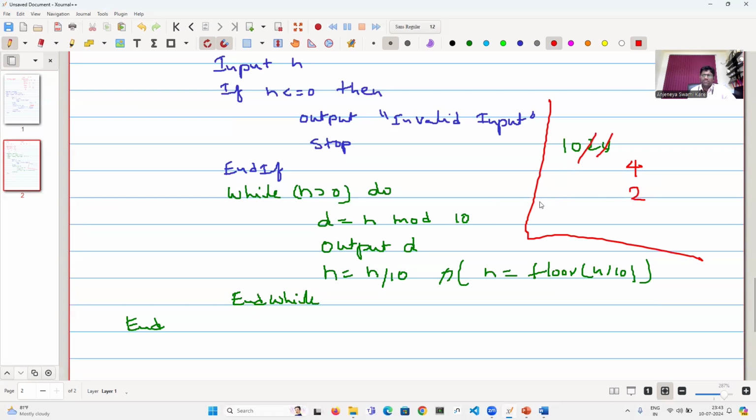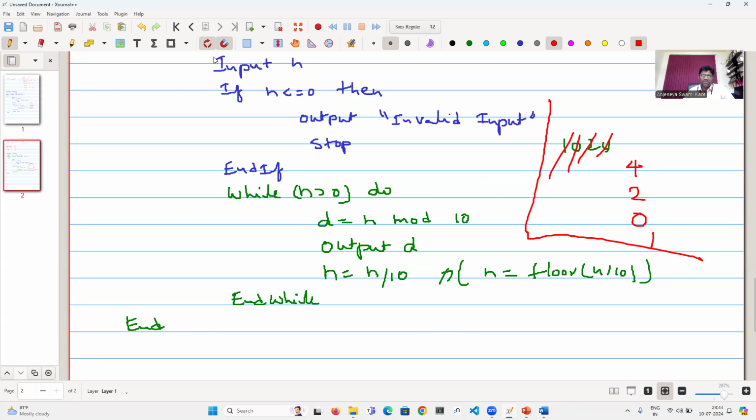So number becomes 10. 10 mod 10 is 0, so 0 will be displayed and 0 will be discarded. 1 mod 10 is 1. And then 1 becomes 0. So this algorithm will display 4201 if the number is 1024. So this is exactly extracting the digits from right to left.